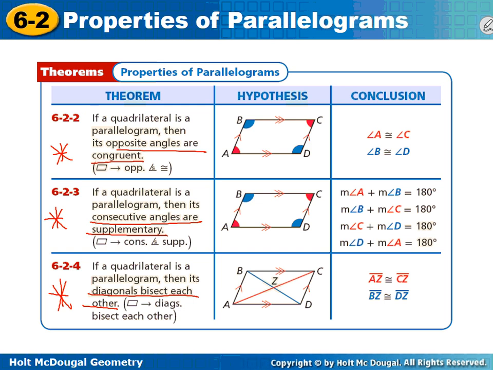So if we think about our picture up here, if I draw in each diagonal, those diagonals are going to split each other into two congruent parts. So this piece is going to be congruent to this piece. This piece is going to be congruent to this piece. So the 5th and final property for a parallelogram is the diagonals bisect each other.